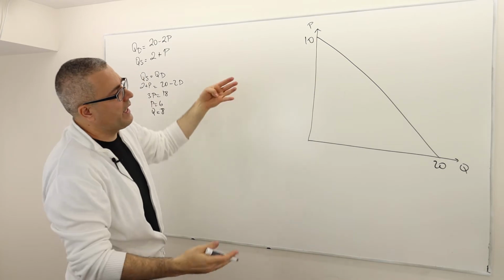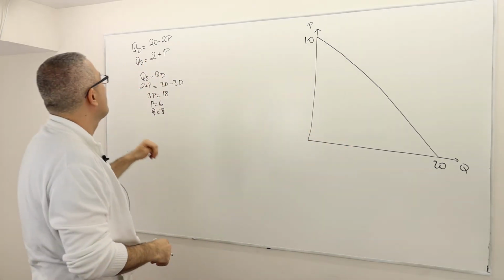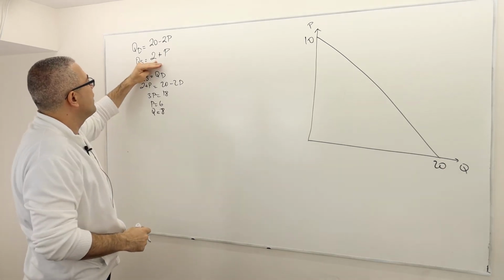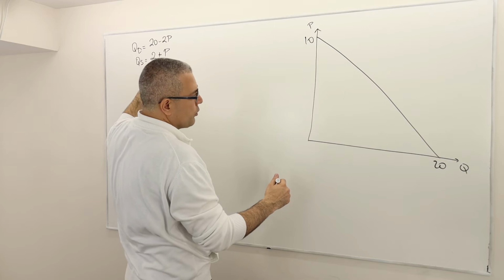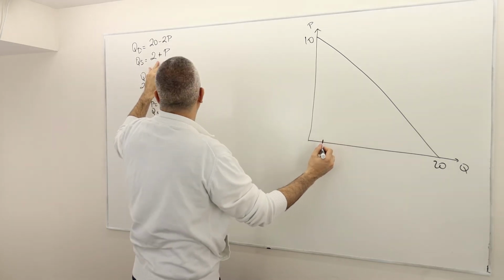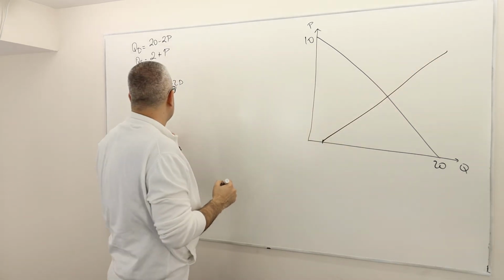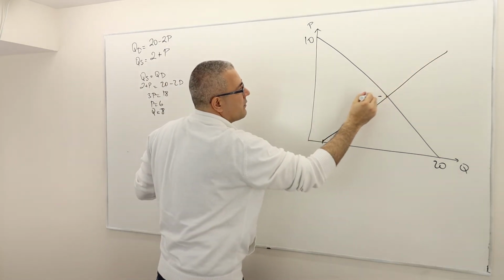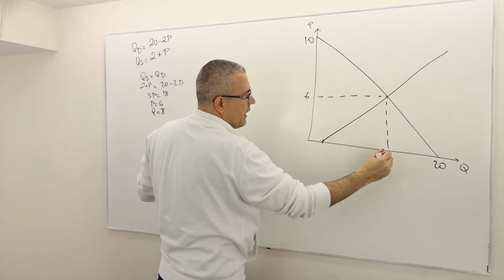I mean, again, this doesn't look like 10 versus 20, but so be it. And for the quantity supplied, when P is 0, quantity is 2. So it starts from here, be careful. And then afterwards, it's an increasing function like this. So we just calculated that the price is going to be 6 and the quantity is going to be 8.